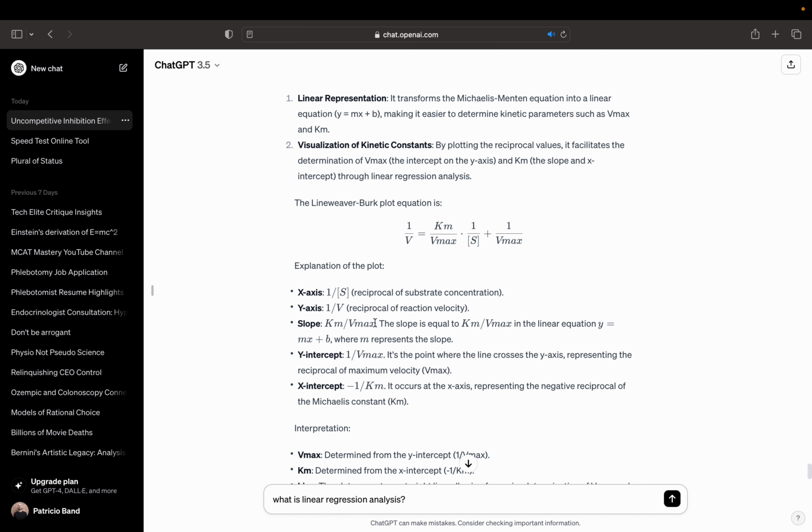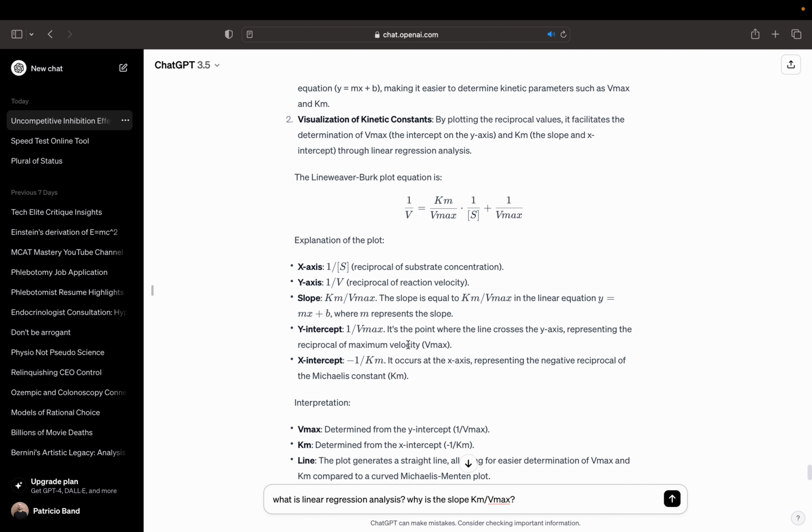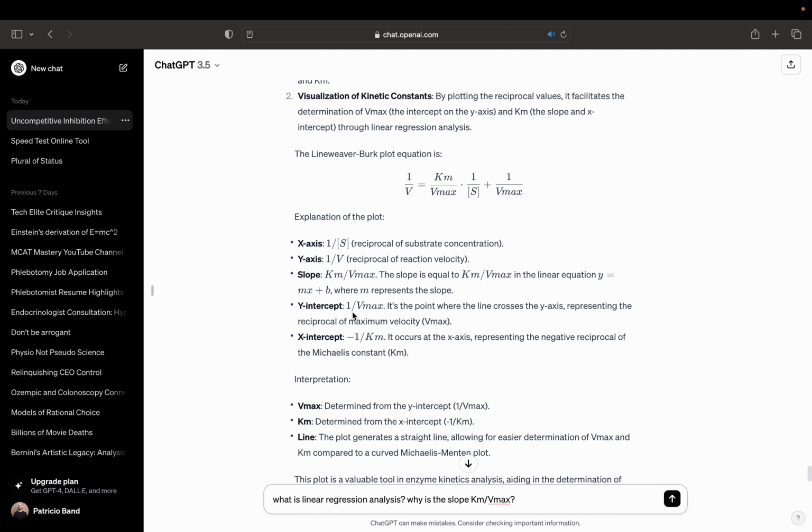Slope, Km over Vmax. The slope is equal to Km over Vmax in the linear equation, where m represents the slope. Y is the slope, Km over Vmax. The y-intercept is 1 over Vmax. It's the point where the line crosses the y-axis, representing the reciprocal of maximum velocity.